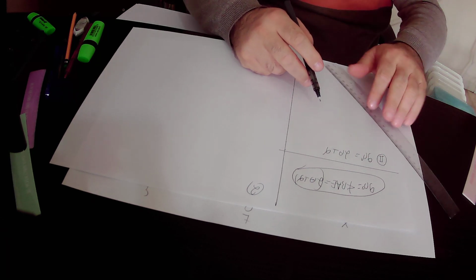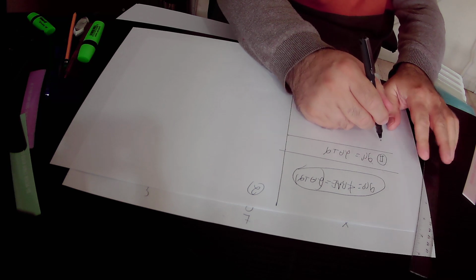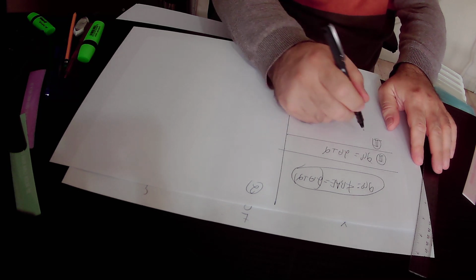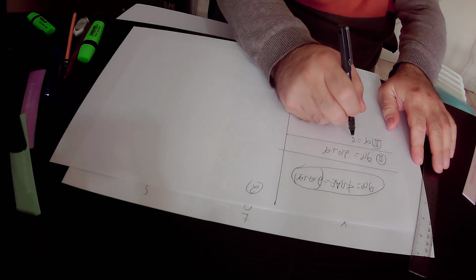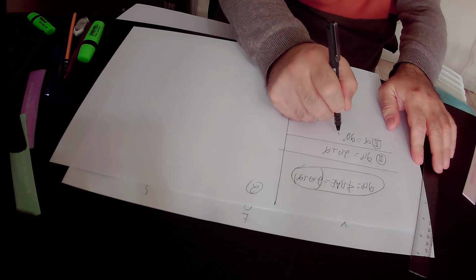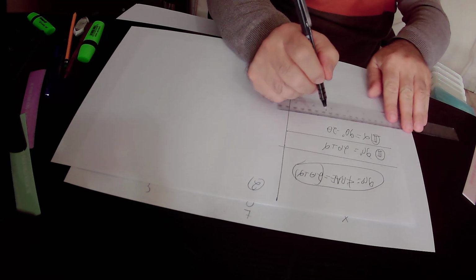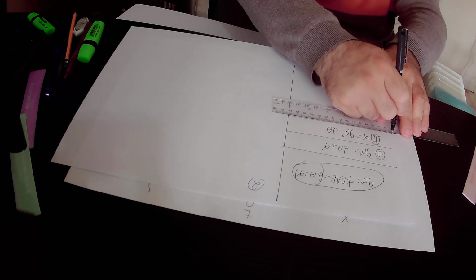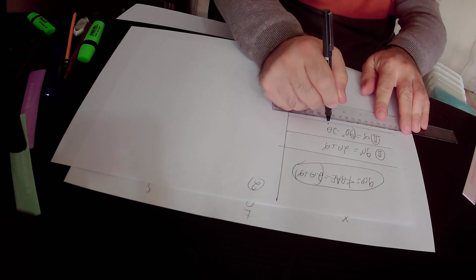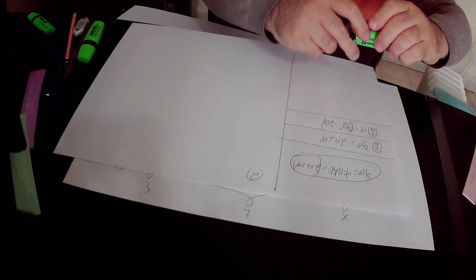Here we will subtract 2 theta from equation number 2, and we will get that alpha equals 90 degrees minus 2 theta. So angle alpha equals 90 degrees minus 2 theta according to equation number 2.